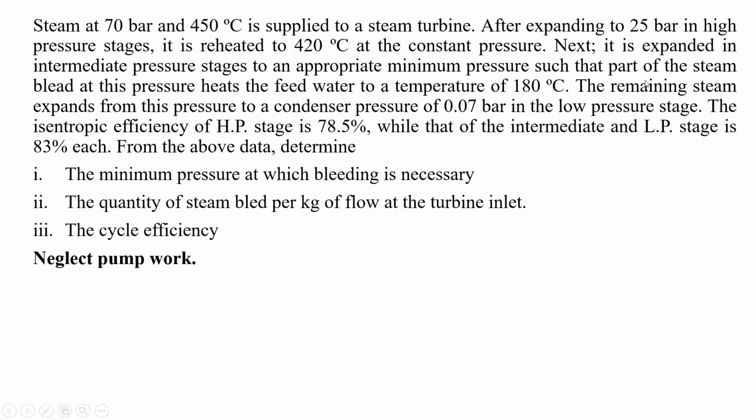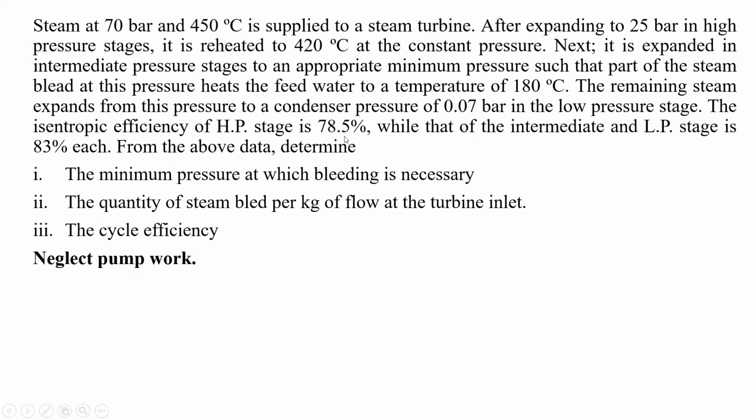Next, it is expanded in the intermediate pressure stages to an appropriate minimum pressure such that part of the steam bled at this pressure heats the feed pump to a temperature of 180 degrees centigrade. The remaining steam expands from this pressure to a condenser pressure of 0.07 bar in the low pressure stage.